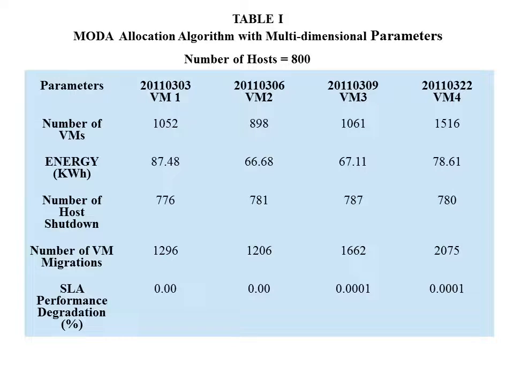As you can see from the table here, the number of hosts is specified with different parameters being varied, and our algorithm outperforms the already existing LRR and IQR techniques.